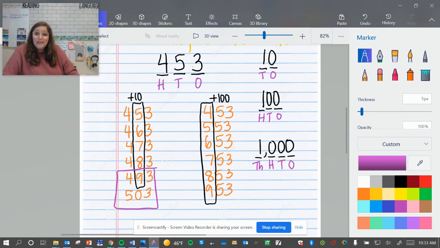In the thousands place, if I have 10 hundreds, it becomes 1,000, which is 1,000 and 0 hundreds. So what happens now is that we have 1,000 and 0 hundreds, and our tens and ones stay the same. Okay, and then we can keep going from there. 1,153, 1,253, and so forth and so on.